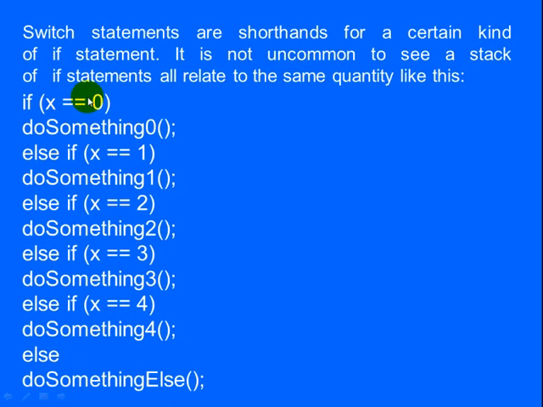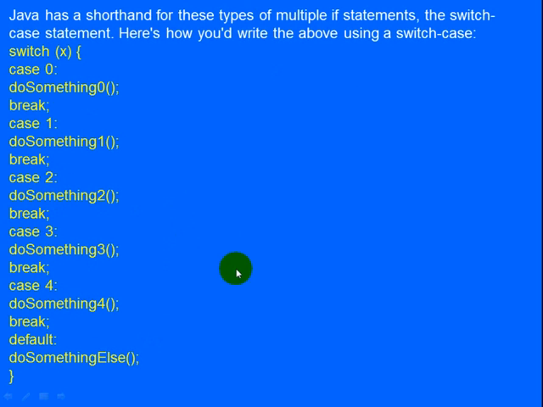Now in all these cases, the value of x is being compared with different constant values for equality purpose only. We are not using less than, less than or equal to, or greater than or equal to here. We are just comparing for equality. Java has a shorthand for this type of multiple if statements.